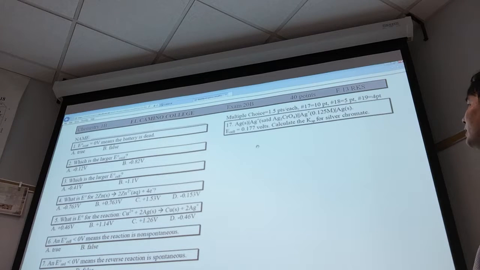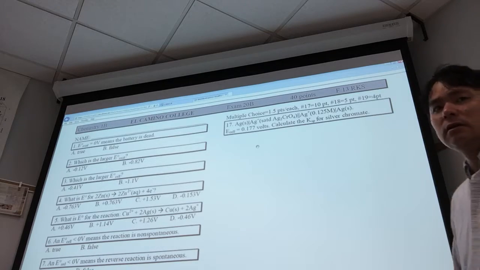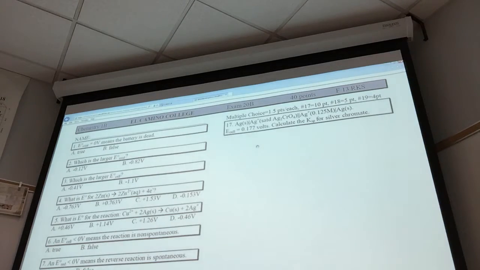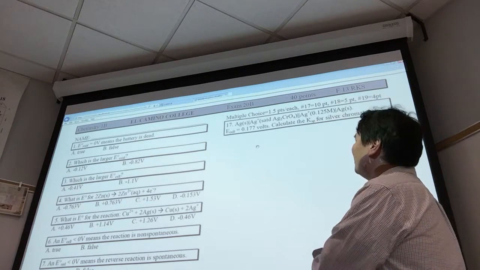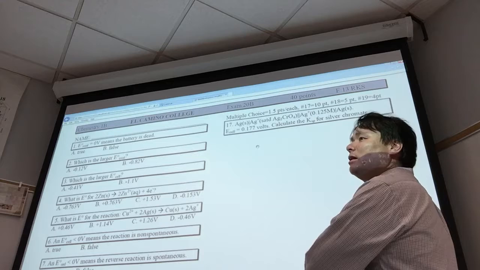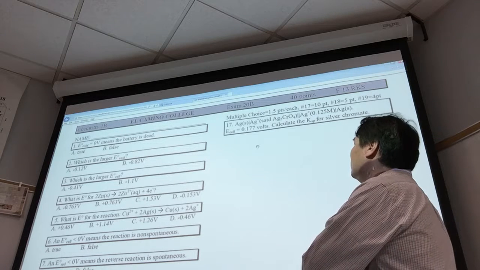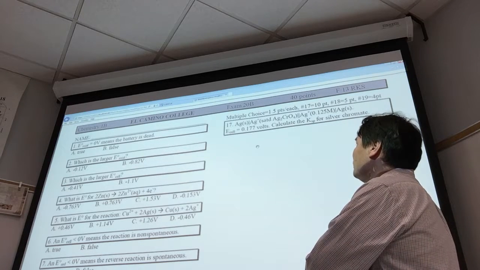And so what you get from the voltage is what? By knowing the voltage, you can determine the difference between the concentration in the anode beaker and the concentration in the cathode beaker. Over in the cathode beaker, we have 0.125 molar. It means in the anode on the left side, you're going to have less than that, and the electrons are going to flow to the voltage of 0.177 volt.